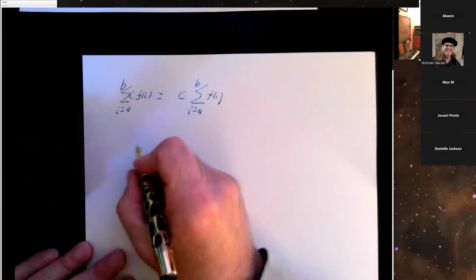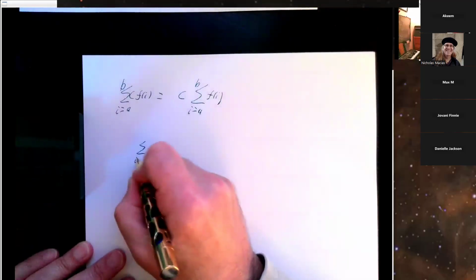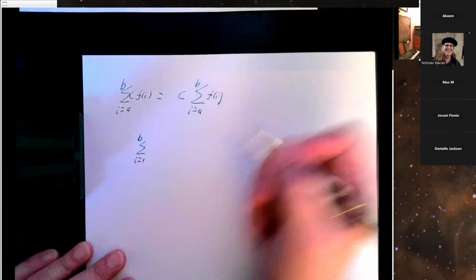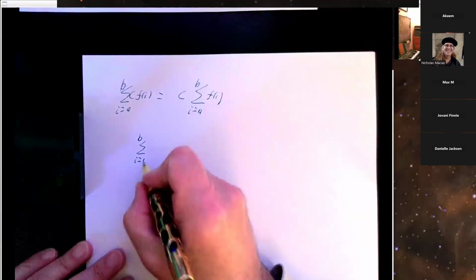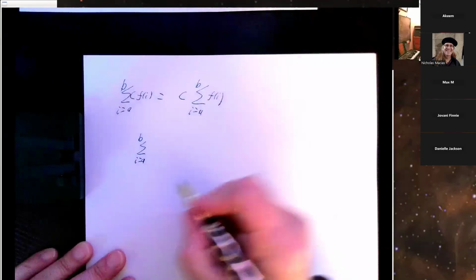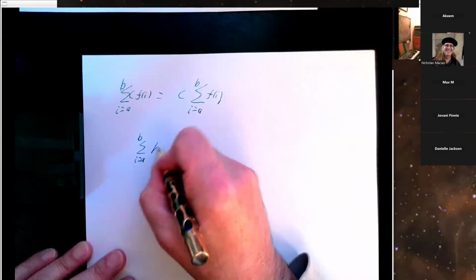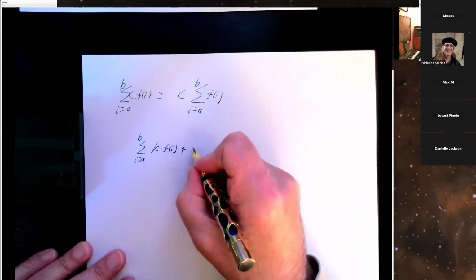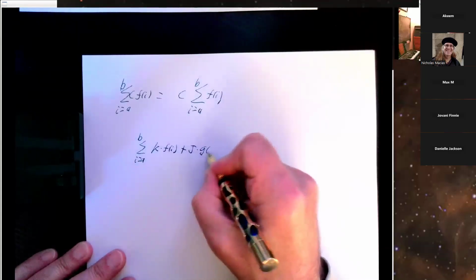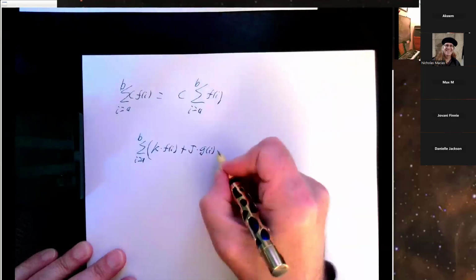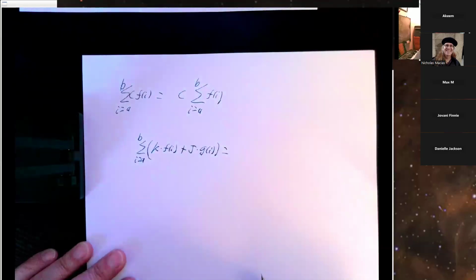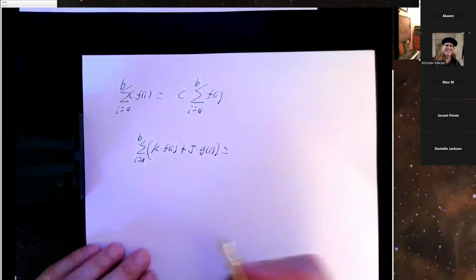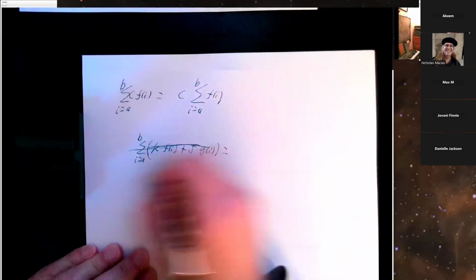And more generally, the sum from i equals a to b of k times f of i plus j times g of i. We can break this up. Well, let me write it more simply.